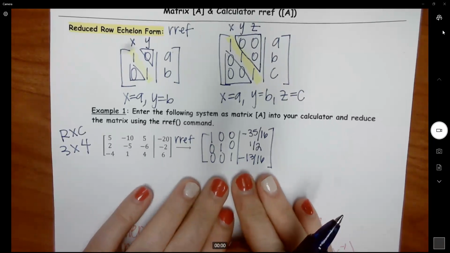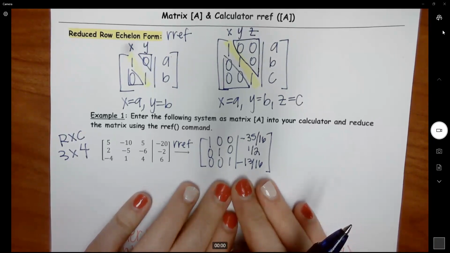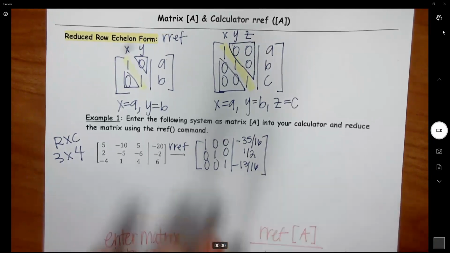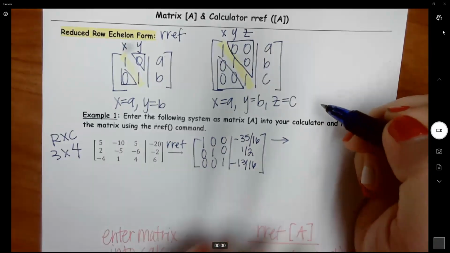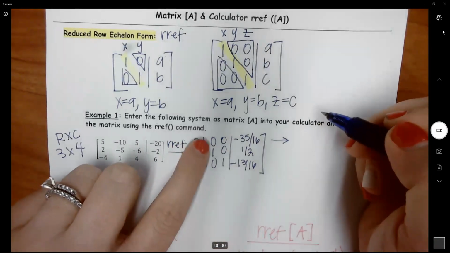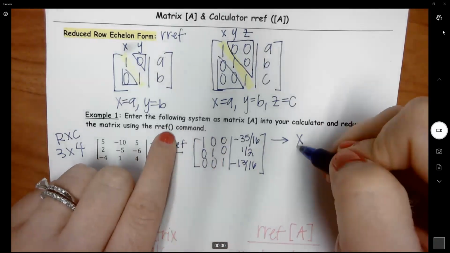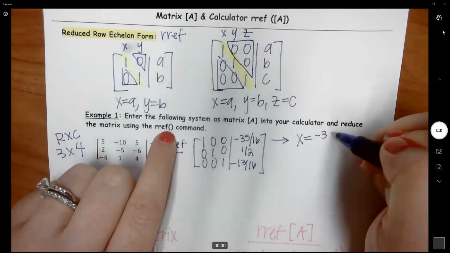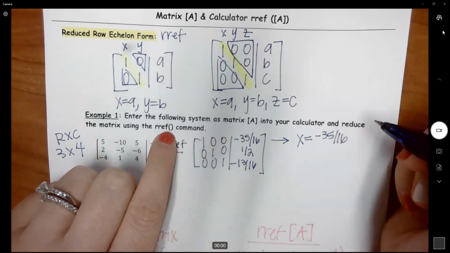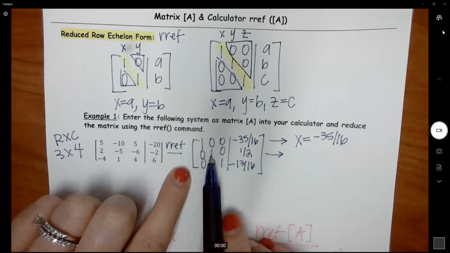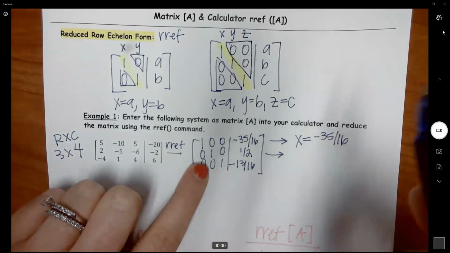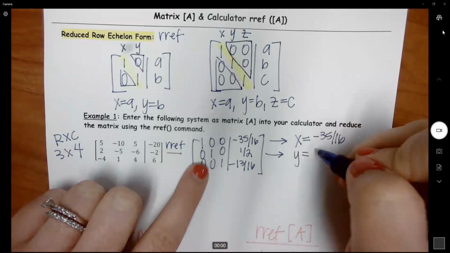So if this is all it needs, then we are done. But if it wants us to actually solve this, what this is telling me, this row here, this equation is saying 1x, no y, no z. So x equals -35/16. This equation is 0x, 1y, 0z. So y equals 1/2.